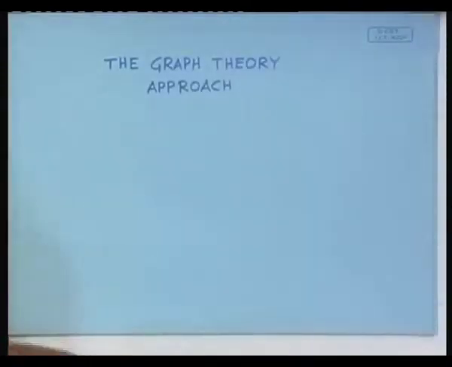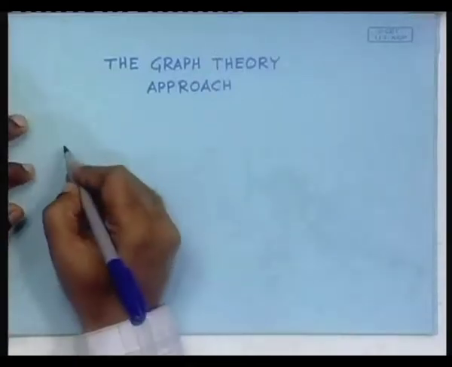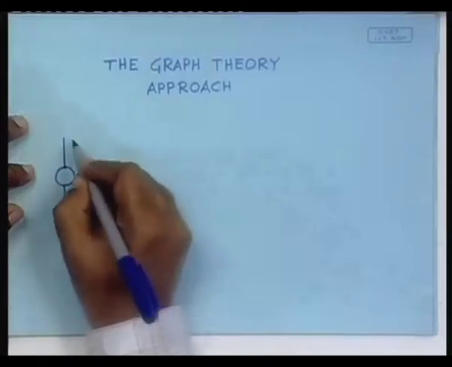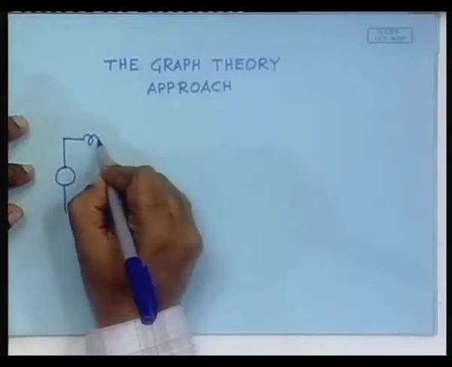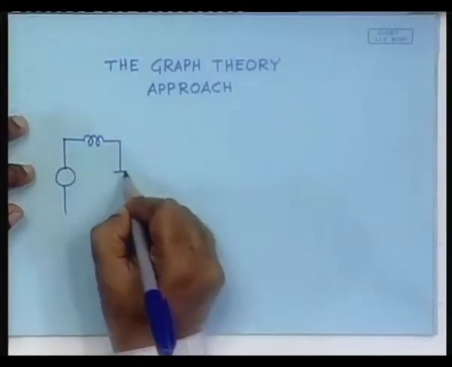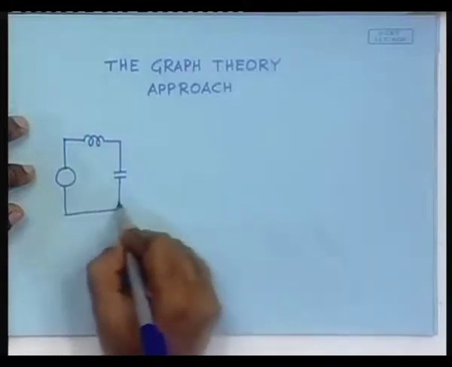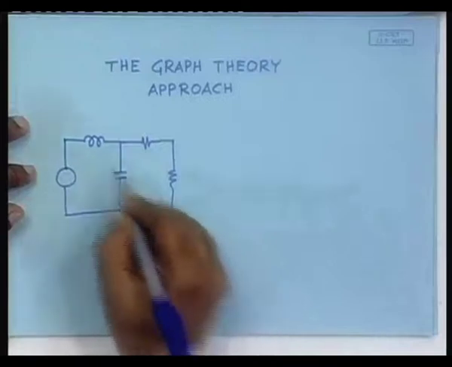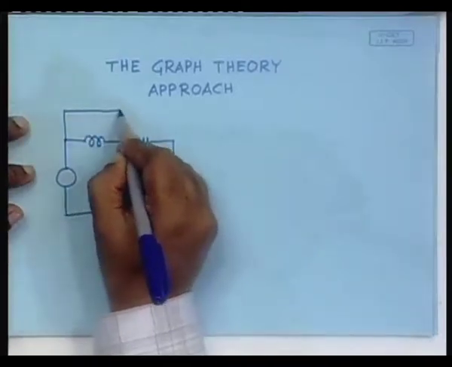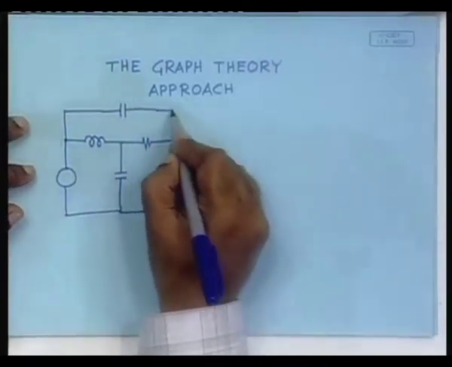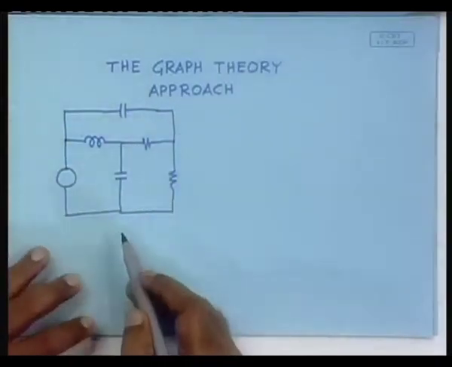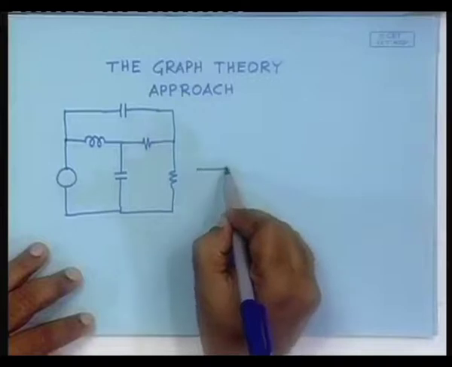So, if you have the circuit that we did yesterday, if you have a circuit like this, here it was the inductance, here was a capacitance, a resistor here, and a capacitor here. Then this circuit will be represented by the graph.